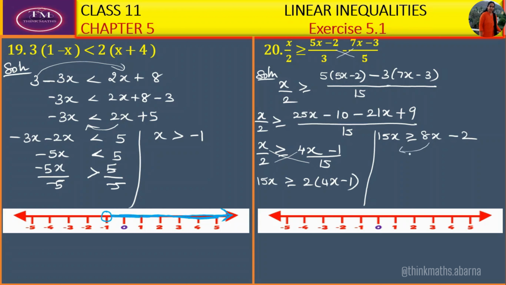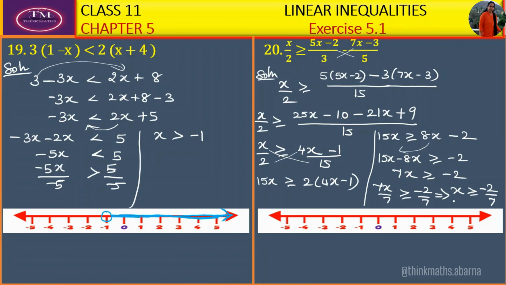Now bring this 8x to the left side. So we will have 15x minus 8x greater than or equal to minus 2. What is 15 minus 8? 15 minus 8 is 7. So 7x greater than or equal to minus 2. Dividing by 7 on both sides, we get x greater than or equal to minus 2 by 7.